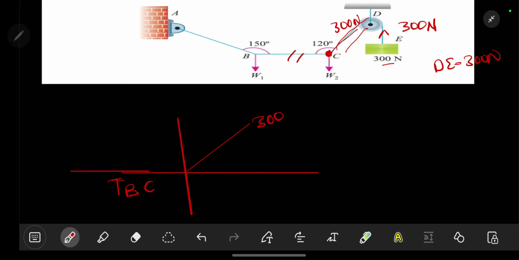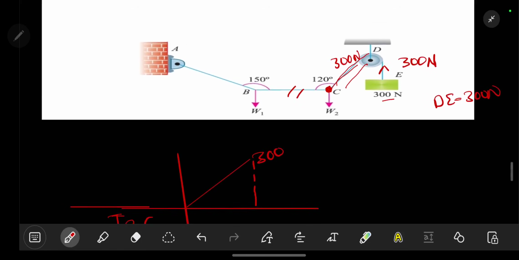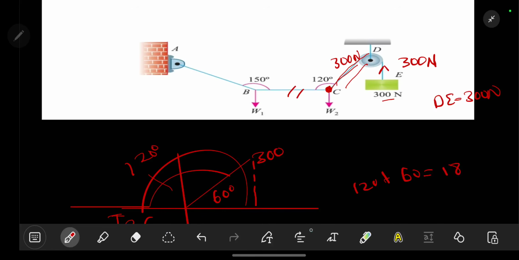Then we know that from here up to here they have given us an angle of 120 degrees. If that is 120 and this whole thing adds up to 180, you subtract and find that this one will be 60 degrees, because 120 plus 60 gives you 180, a straight line. Then we are going to resolve this force into its components.